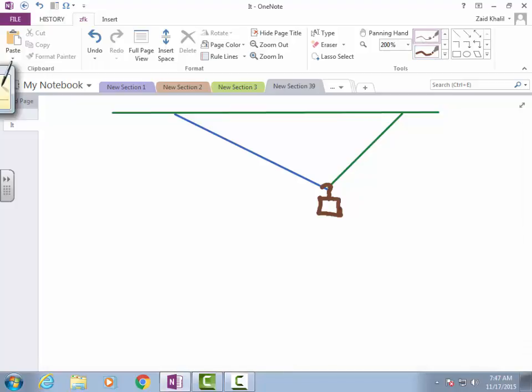Maybe before we do that, we should show the coordinate system that we're going to use. So what coordinate system do you want to use? All right. So something like this. Plus x, plus y. Okay?